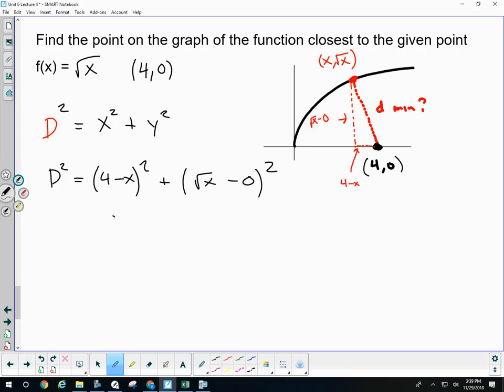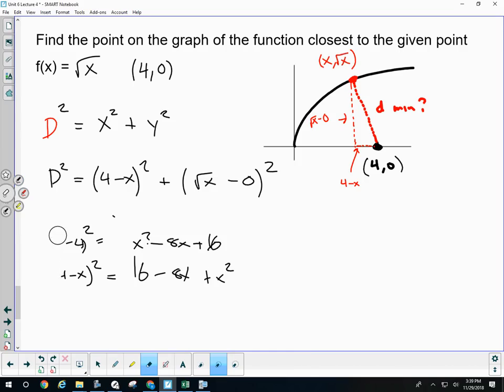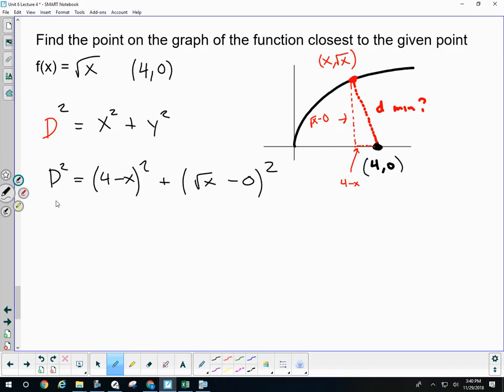You could even do the math: x minus 4 squared is x squared minus 8x plus 16, right? 4 minus x squared is 16 minus 8x plus x squared. So they're the same, no matter how you do it. So if you'd like, you can write it as x minus 4 squared plus root x minus 0 squared.